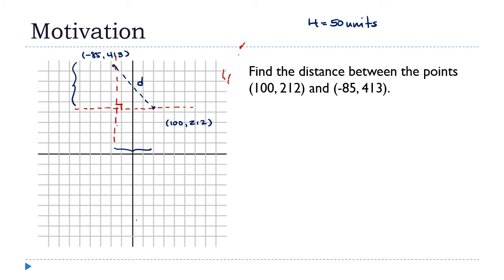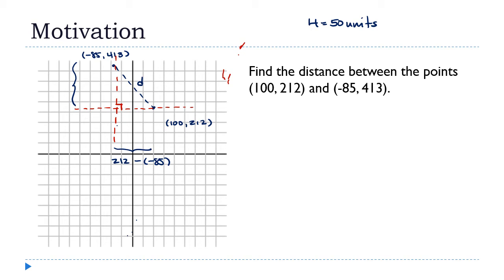Well, remember, to find the distance between 2 points, the horizontal distance is going to be 212 minus negative 85. Right, that's 212 plus 85. Oh, excuse me, it's not 212. I grabbed the y coordinate.